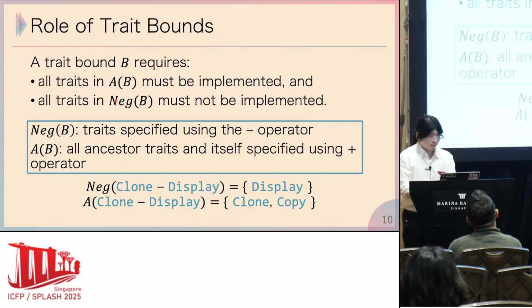This is the union of A(B) over the positive traits, called A. And the trait bound requires all traits specified using the minus operator, as Neg(B). In this example, Neg(Clone + !Display) becomes a singleton set, Display. And A(Clone + !Display) collects Clone's ancestors and becomes a set consisting of Clone and Copy.